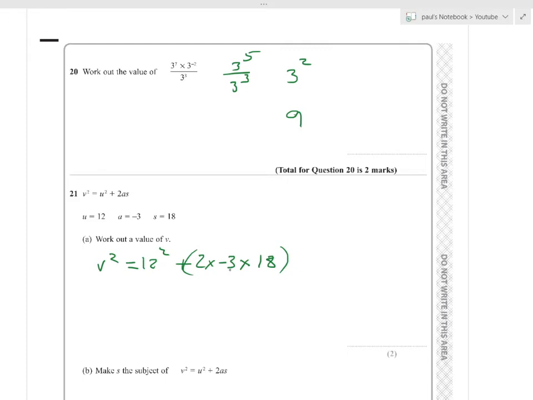Minus 6 times 18, 108. So it's 144 minus 108.